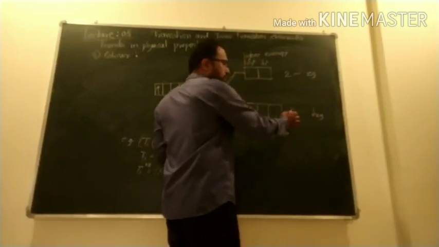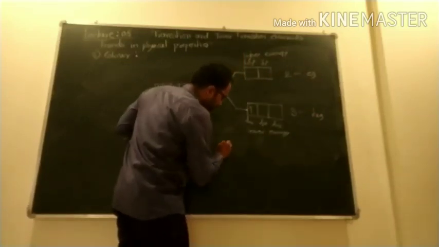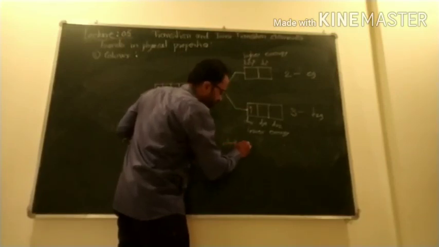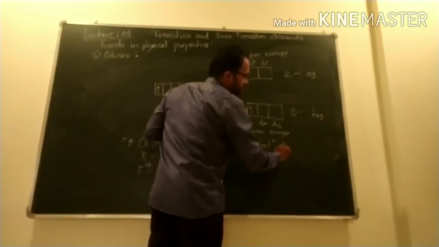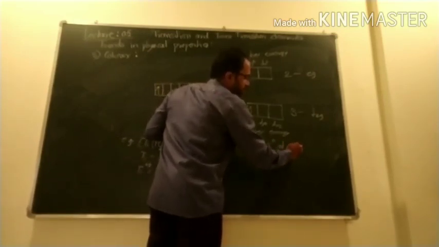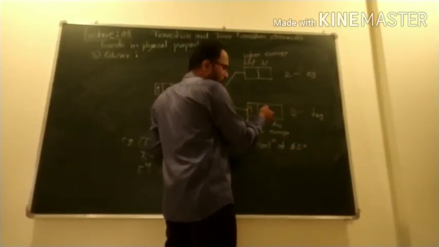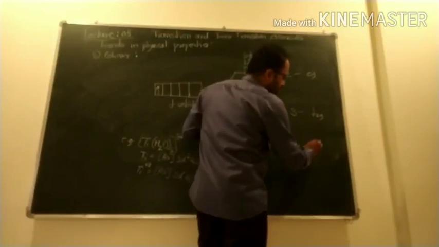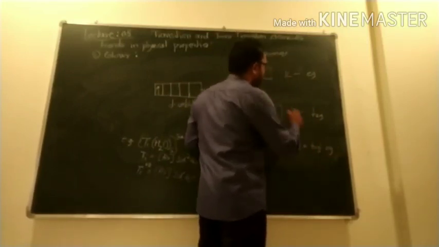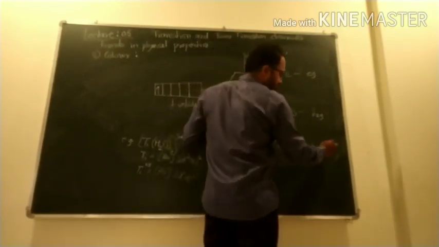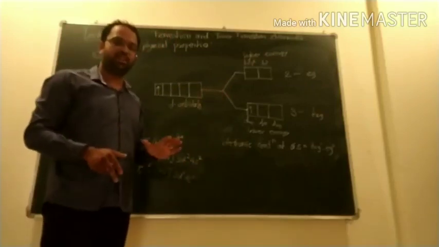So these are t2g orbitals and these are eg orbitals. Now the electronic configuration at ground state is t2g1 because 1 electron is present in t2g, and eg0 because there is no electron. So this is the condition in ground state.